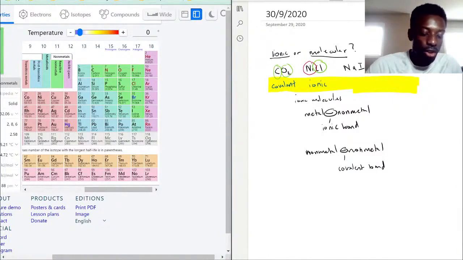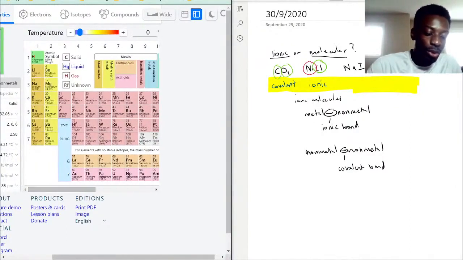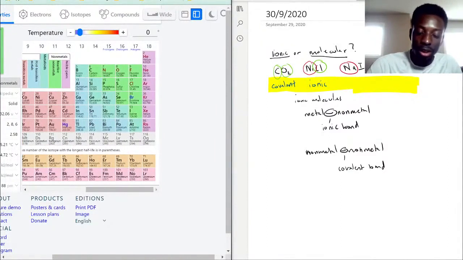Okay, sodium iodide. Sodium is an alkali metal, again metal. Iodine is a non-metal. As you can see, it's another halogen. So this is going to be an ionic bond because it's a metal and a non-metal. And now for the last one, phosphorus trichloride.